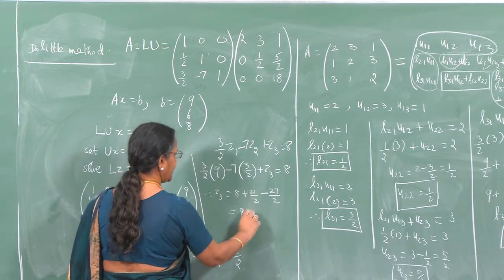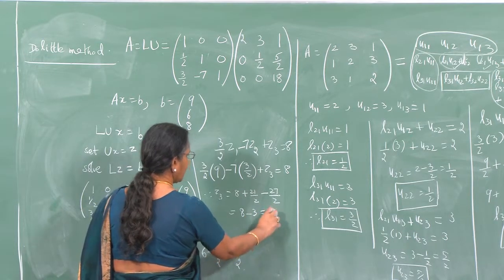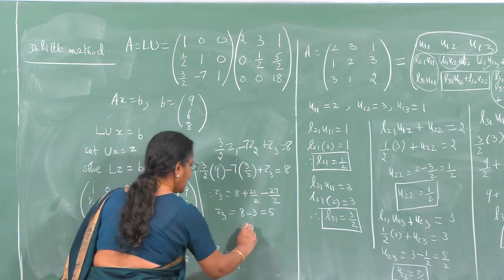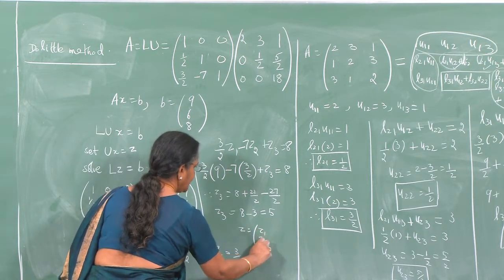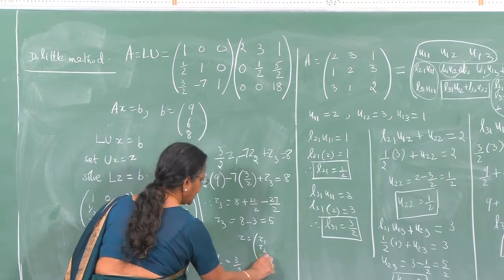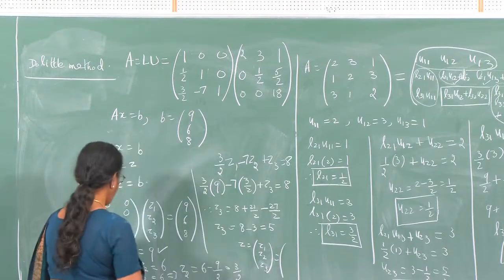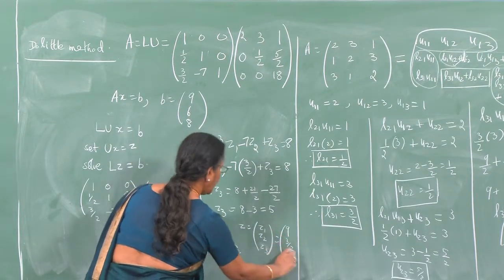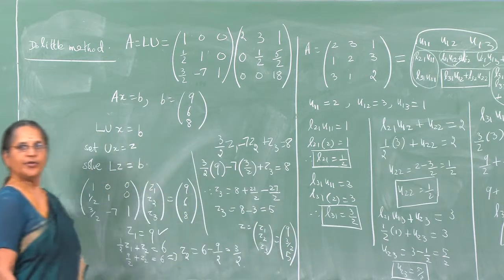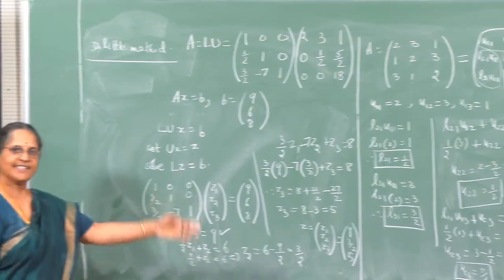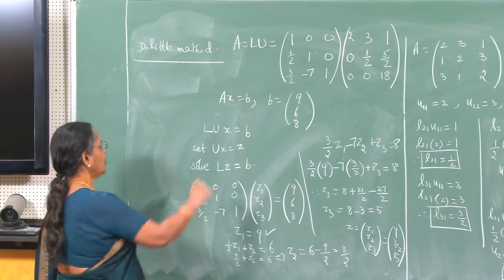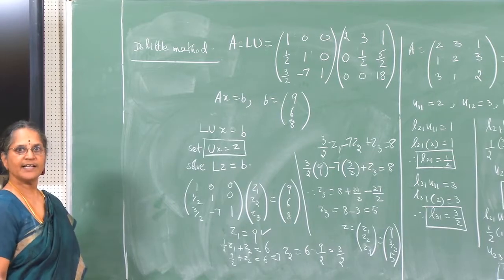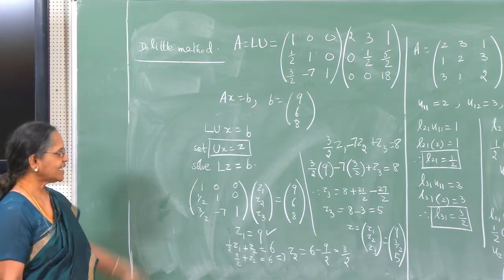So, 8 minus 6/2. So, it is going to be 5. So, z3 is 5. So, the vector z having components z1, z2, z3 is given by 9, 3/2 and then 5. So, vector z is now known, and therefore, we can use this system Ux = z and solve for what x is.